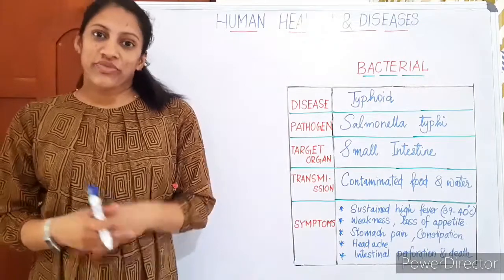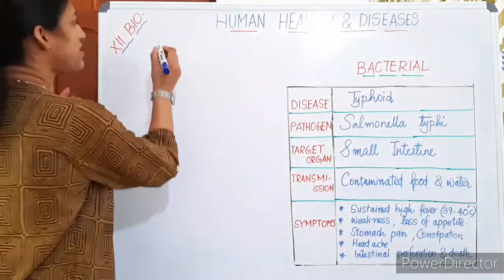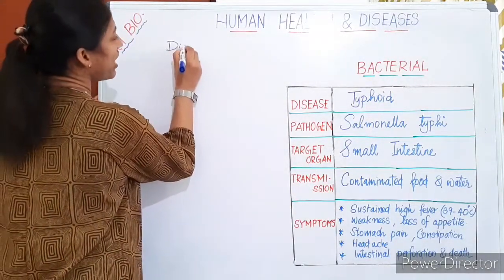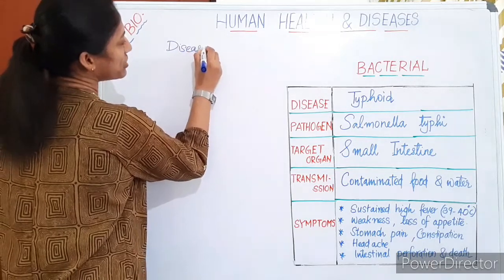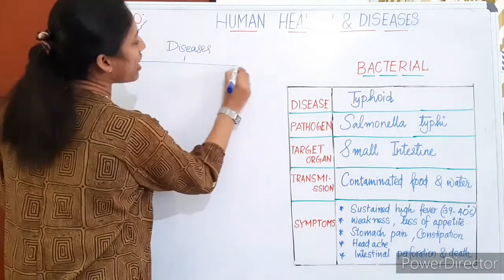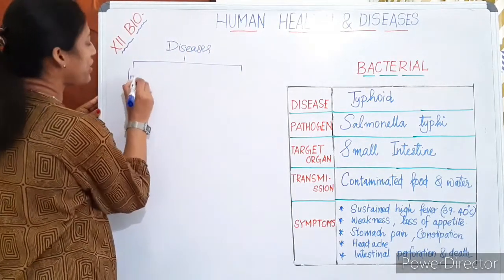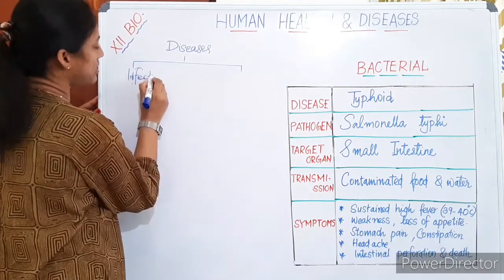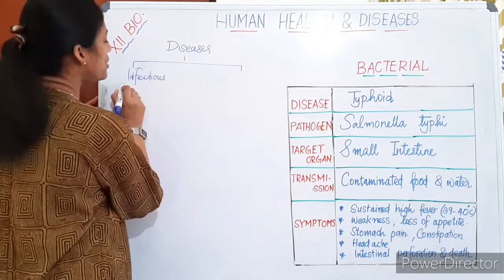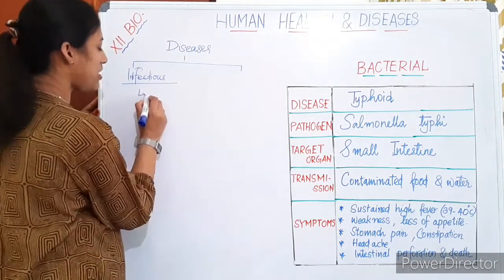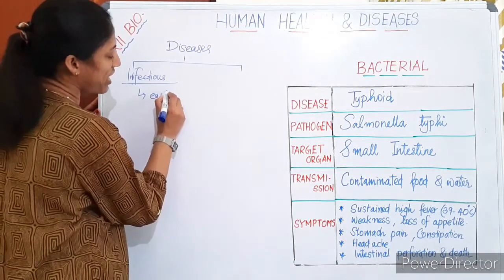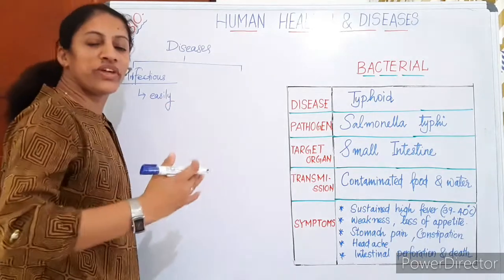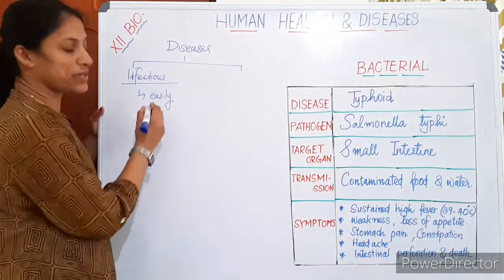So my dear students, we have discussed that diseases can be infectious and non-infectious. Infectious diseases are the diseases which are easily transmitted from an infected person to a healthy person.